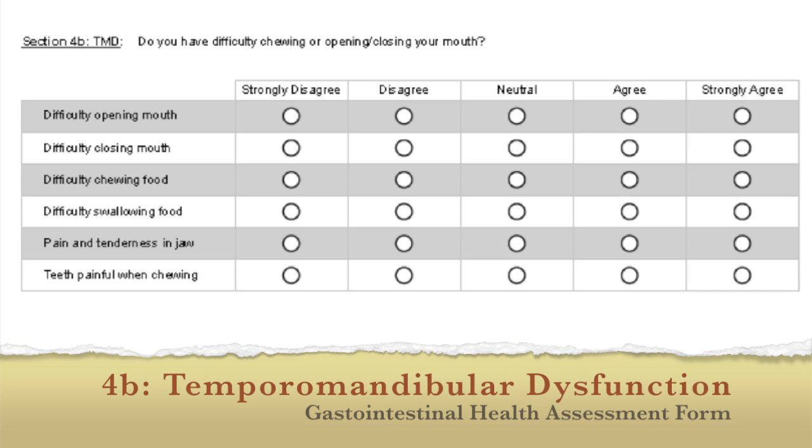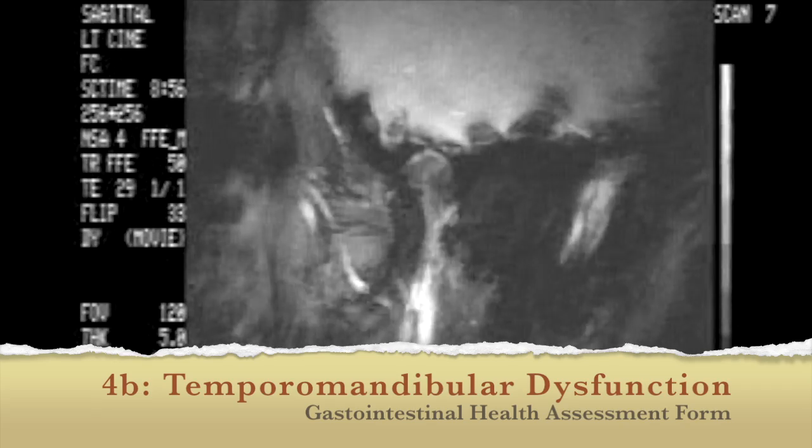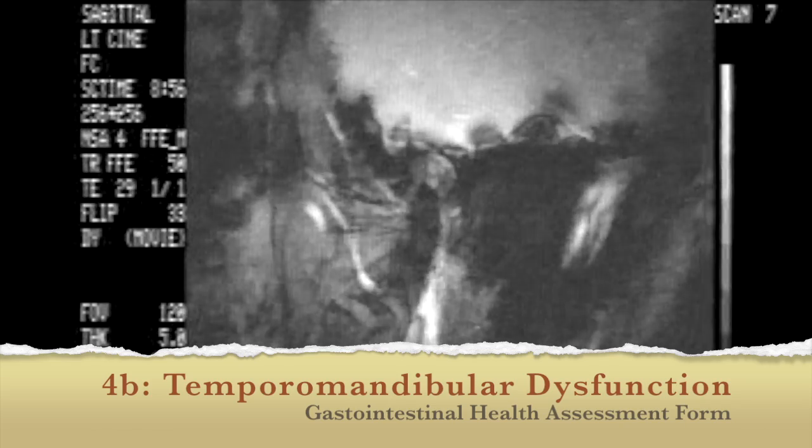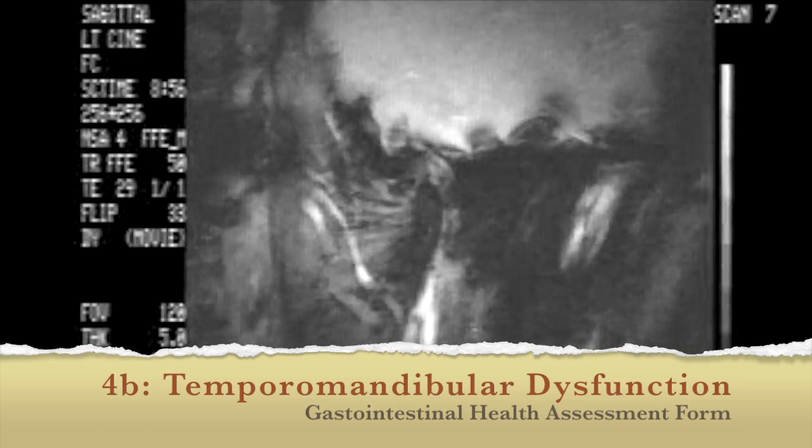Temporomandibular disorders affect the person's ability to eat, chew, swallow, make facial expressions, speak, and even breathe. TMJ issues are associated with a 112% increase in digestive complaints compared to the normal person.